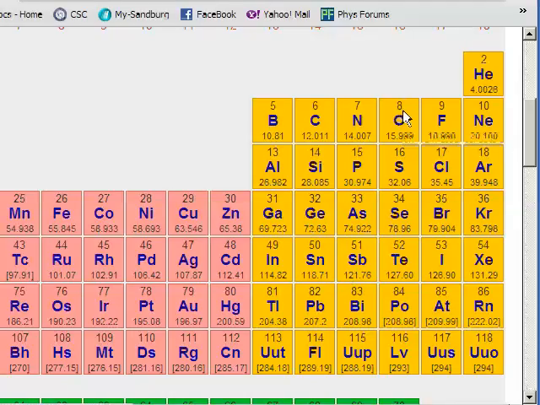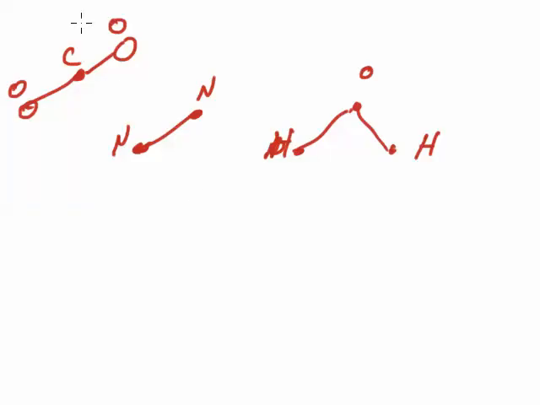Carbon dioxide has most of its weight out at the ends instead of at the center, so it might be a little bit easier to access its rotational modes of motion.